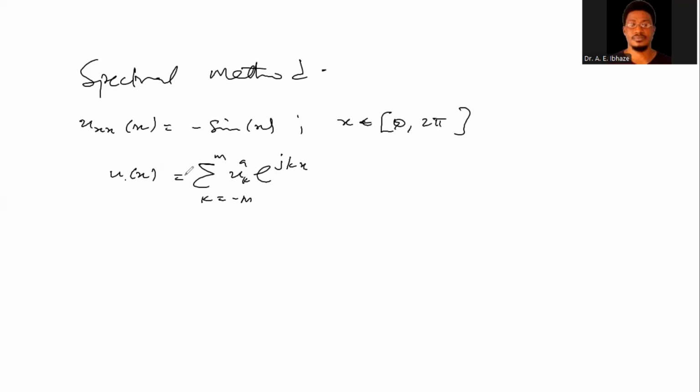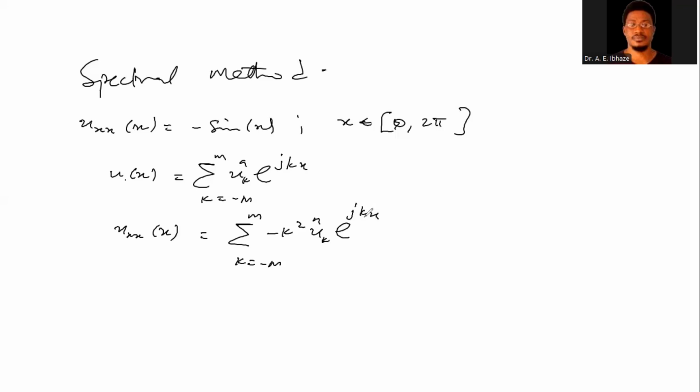So once we differentiate term by term, the differentiation will give us u_xx of x being the same as the sum over k from negative m to m of negative k squared u sub k hat e^(jkx), okay?